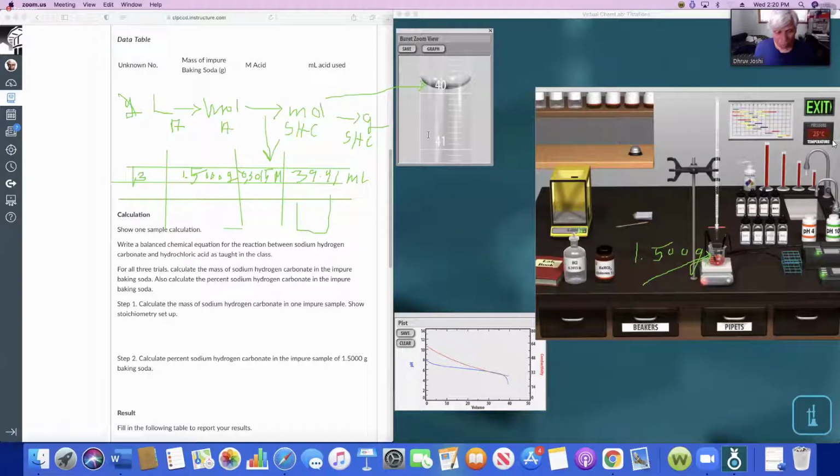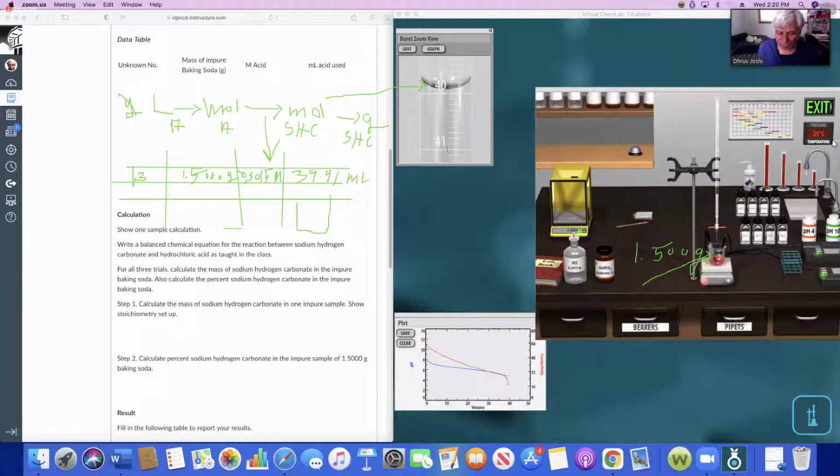It seems like the problem here is that people don't understand why this is the case. What are we trying to find? This is not very clear to some of you, and that's what you need to ask me. We are analyzing baking soda.